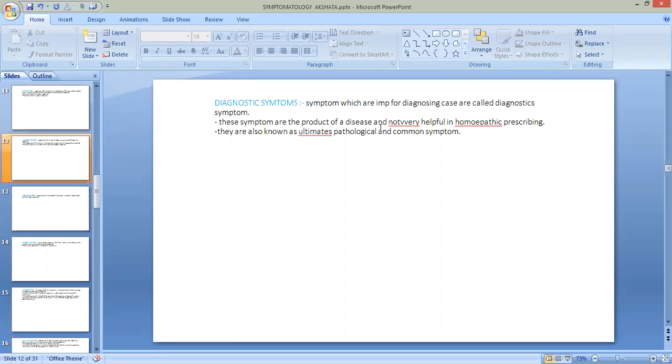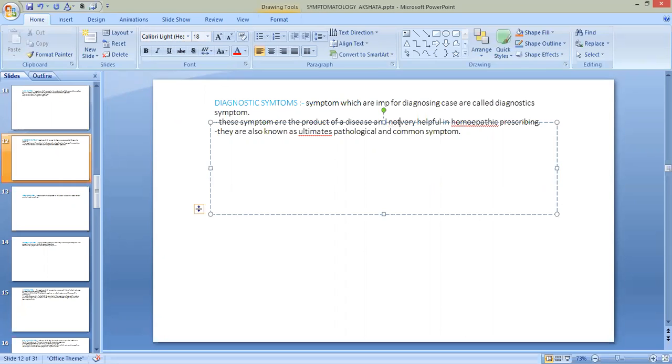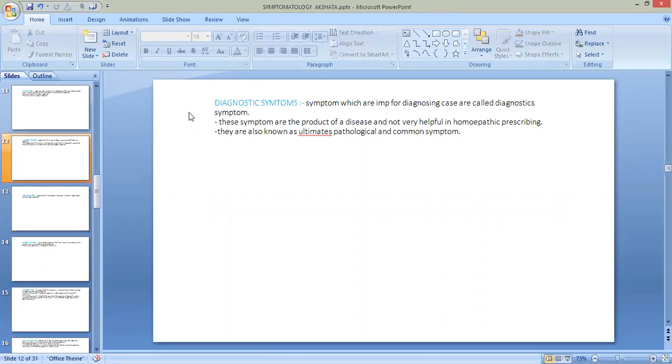and they are not very helpful in homeopathic prescribing, because we cannot use the diagnostic symptoms. As we all know, while prescribing homeopathic medicine, we cannot prescribe according to the disease diagnosis, according to the clinical condition whatever the patient was suffering, but we have to consider the patient as a whole.